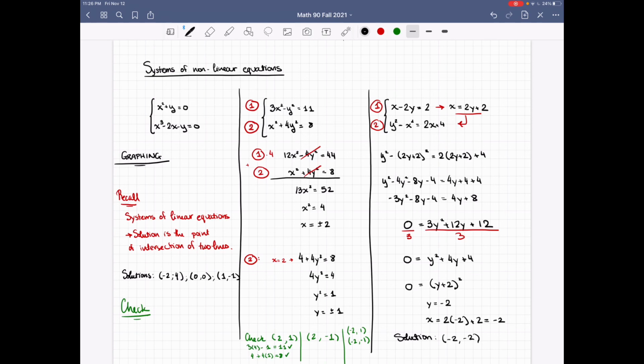You are now looking for the intersection of two graphs. They could be lines, they could be curves, which means that you are no longer required to only have one solution. You could have multiple solutions, right? So in our first example, we had 3 solutions. In our second example, we had 4 solutions, and in our last example, we only had 1.